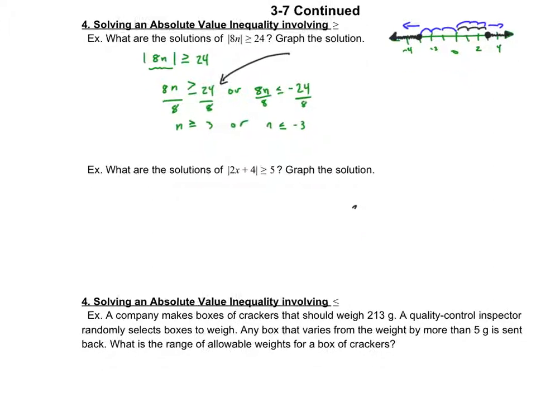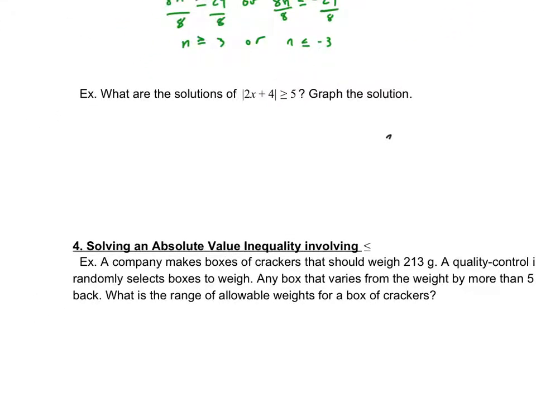Moving on to this next one, what are the solutions of the absolute value of 2x plus 4 is greater than or equal to 5? Doing what we've just done, we know that 2x plus 4 is greater than or equal to 5, or 2x plus 4 is less than or equal to negative 5.